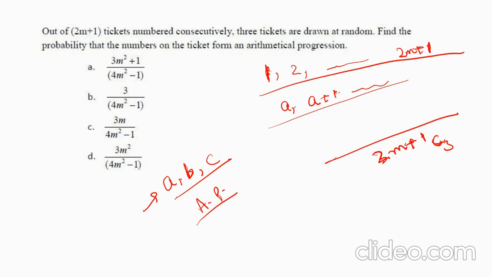Let's say we have A, B, and C, 3 numbers in arithmetic progression. Then what is the condition for that? I have just told you that the difference is the same. If we have 1, 2, and 3, the difference is same. 1, 3, and 5, the difference is same. 1, 4, 7, the difference is same. So if we have A, B, and C, and the difference is same, what can we do from here?